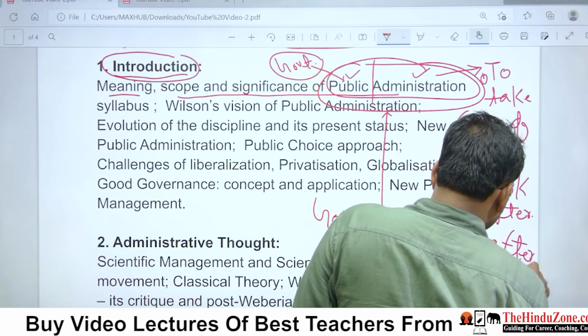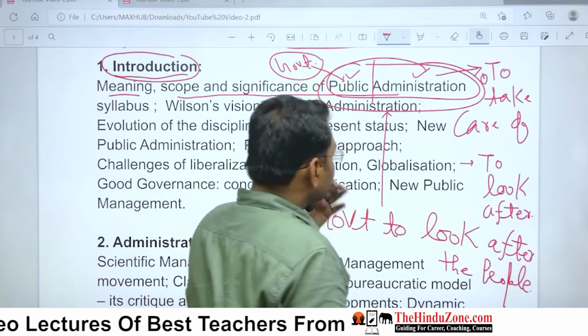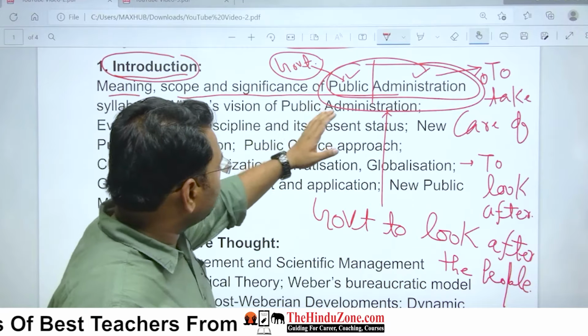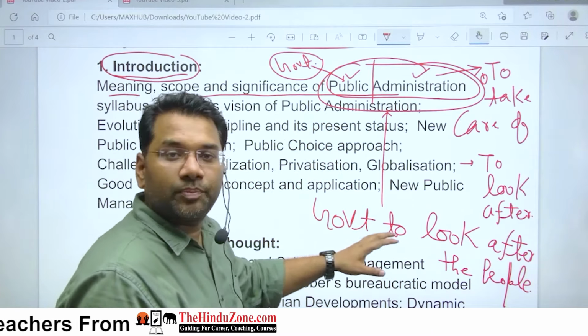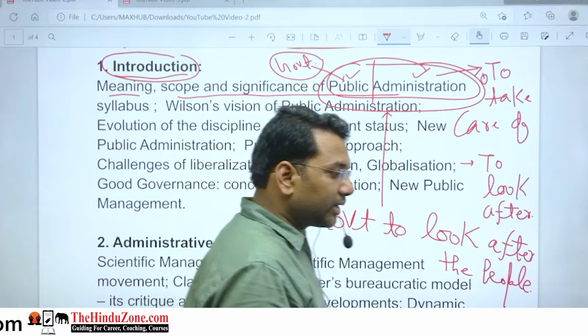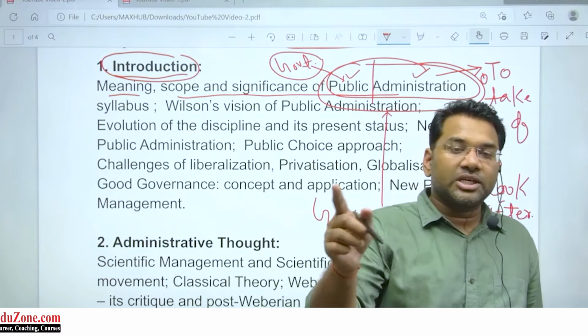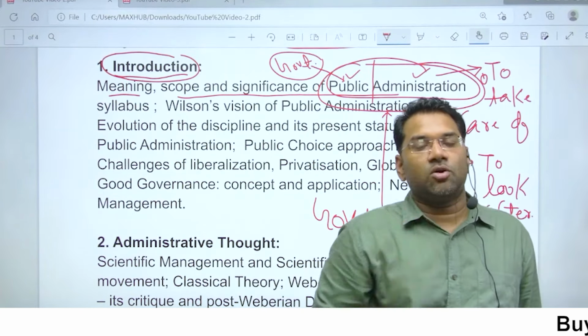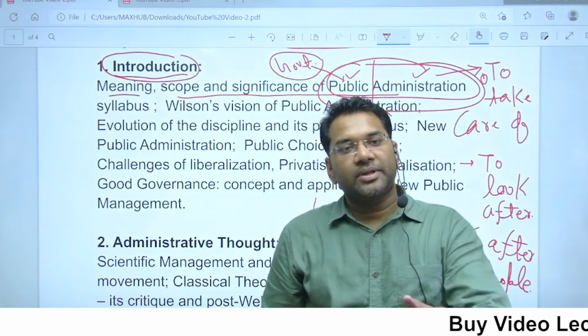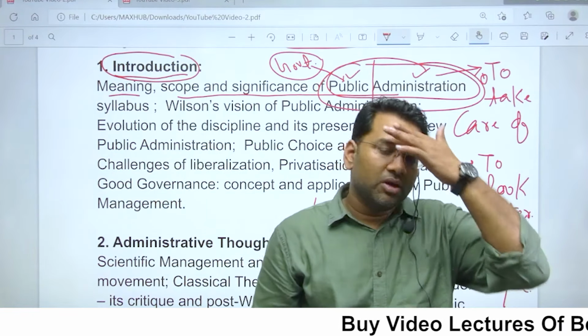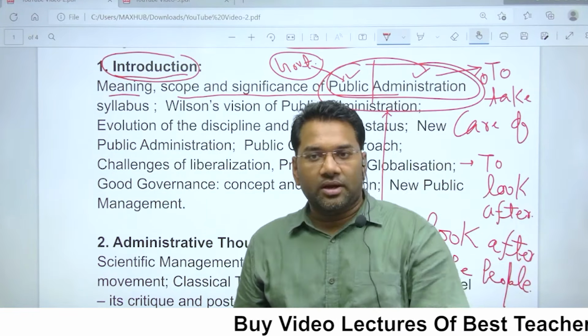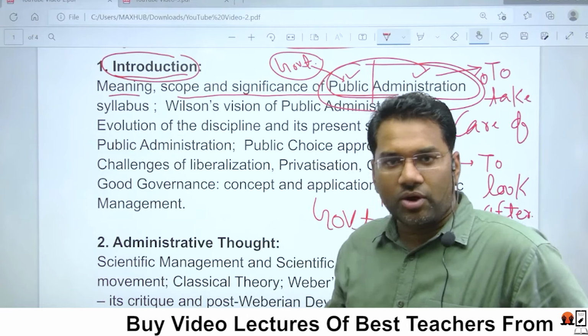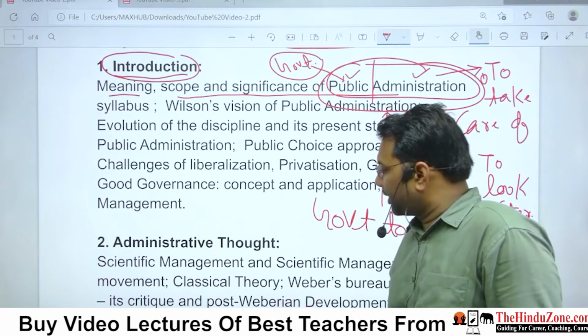So public administration is about looking after the people by the authority, by the government. This authority can be the central government, the state government, or the IAS officer at the district level, or the IPS officer at the district level, being the head of police administration in the district.